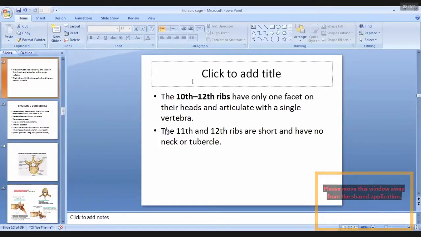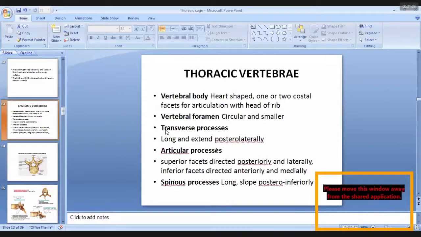Then the other atypical ribs, the 10th to 12th ribs, have only one facet on their heads for the articulation with the vertebrae, so they articulate with only a single vertebra. The 11th and 12th ribs are shorter and have no neck or tubercle. So those are the different features from the typical ribs.